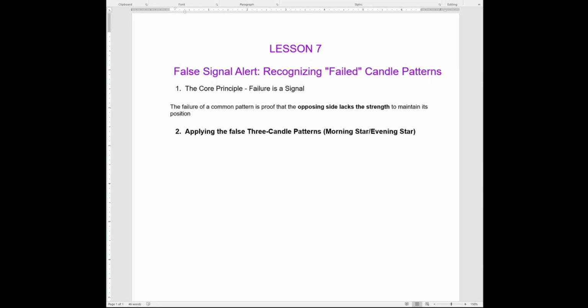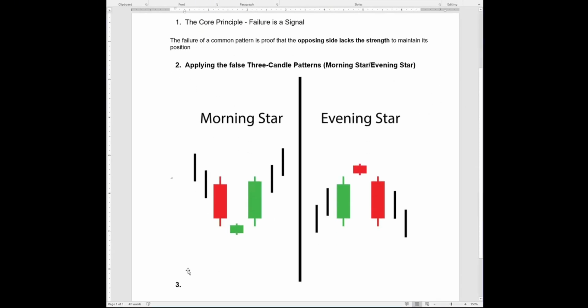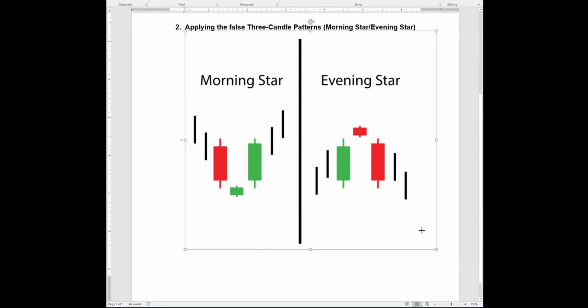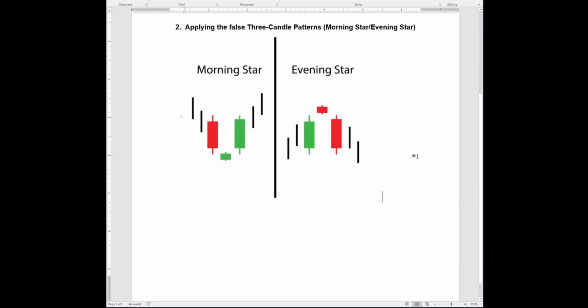They are three candlesticks making a group. One indicates the bullish reversal, like the morning star, and on the other hand, the evening star represents the upcoming bearish reversal. So this is how they look.